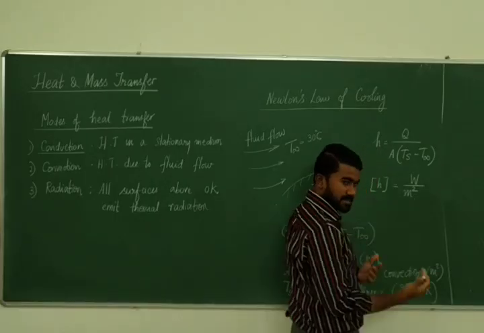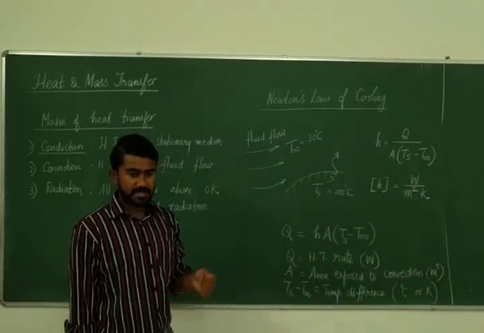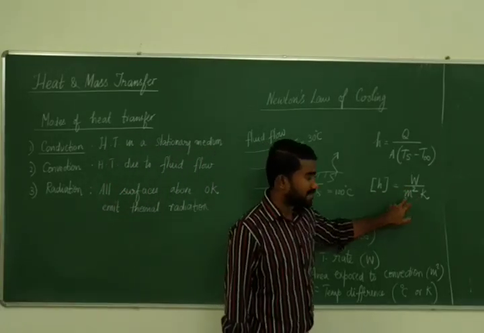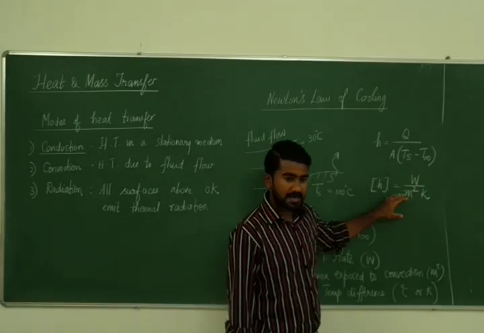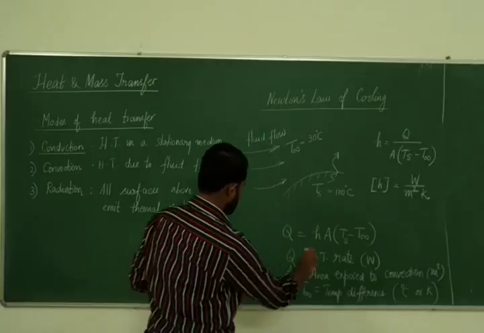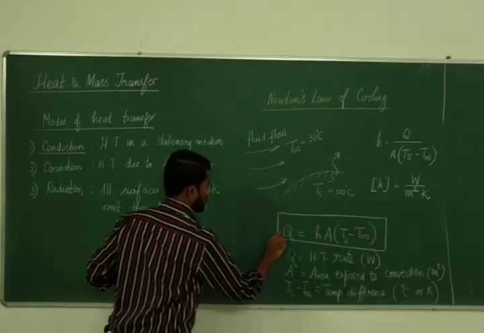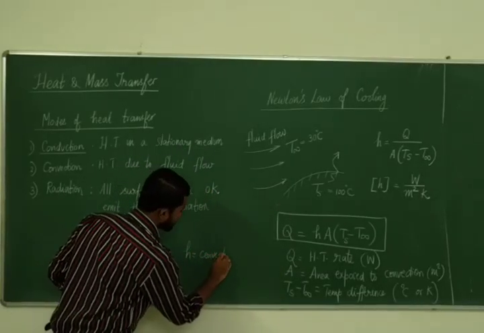Ts minus T infinity, the temperature difference, is in Kelvin or degrees Celsius. So we call it watt per meter square Kelvin. So thermal conductivity was measured in watt per meter Kelvin, whereas the convective heat transfer coefficient is measured in watt per meter square per Kelvin. So h is called the convective heat transfer coefficient.